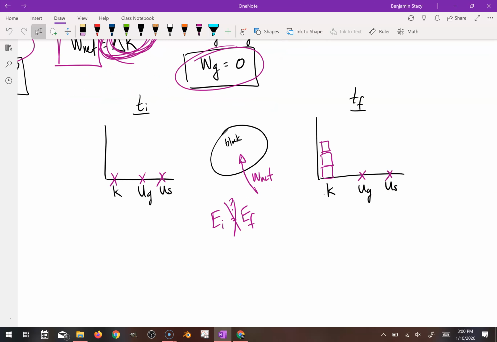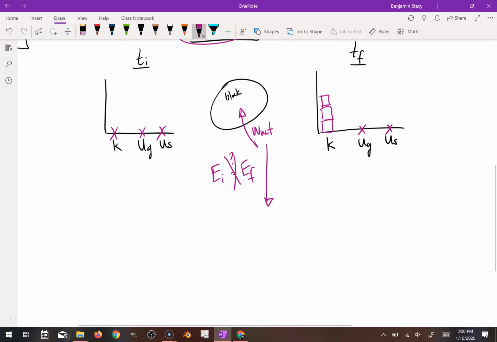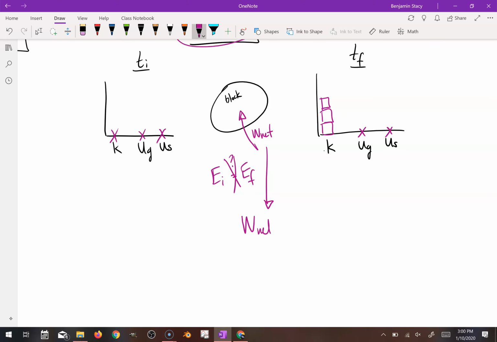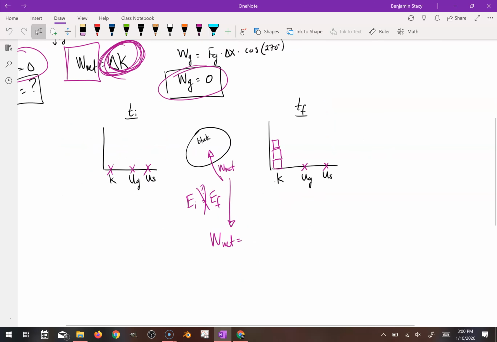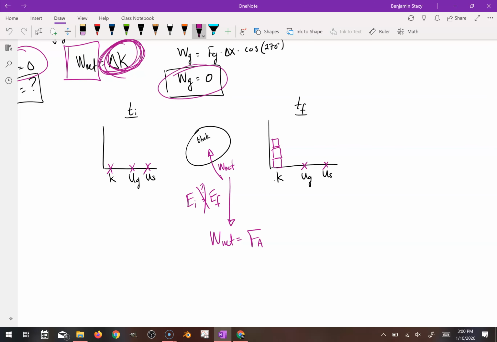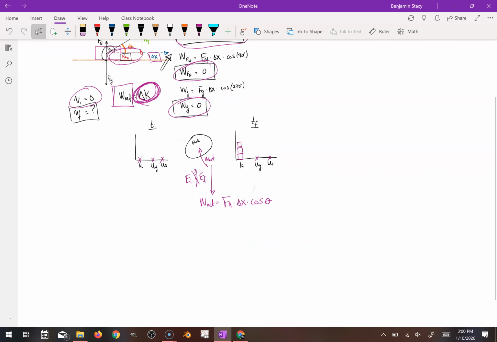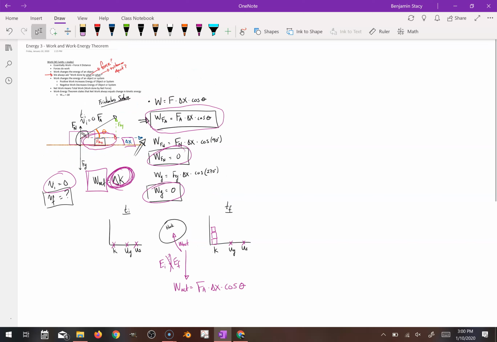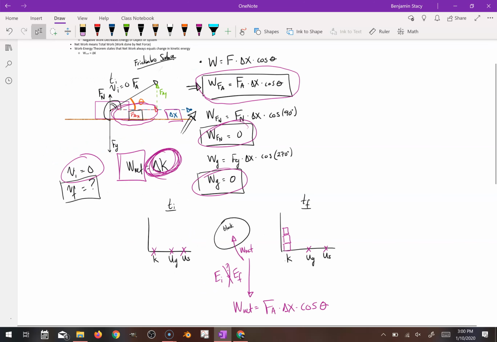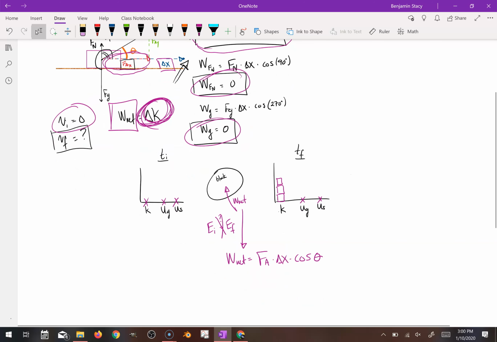So we can write down here that net work is going to be equal to FA delta x cosine theta. Because that force is at an angle, I have to have that cosine theta in there. You can think about it as you just need the portion of the force that's in the direction of the object's motion.